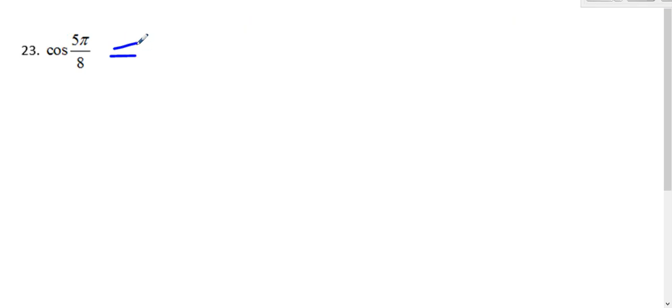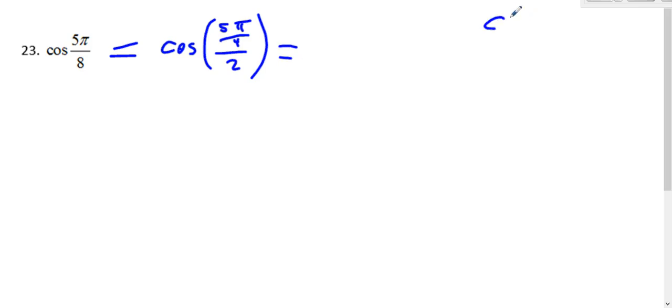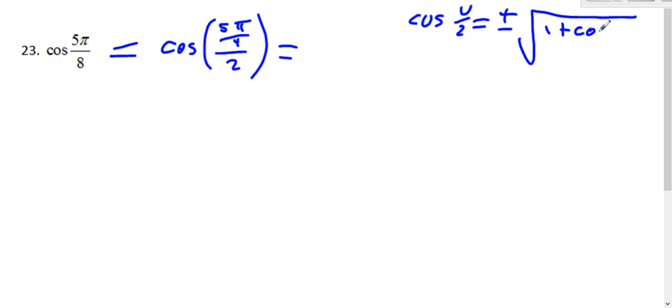Here we'll use the half angle formula again, because 5 pi over 8 is half of 5 pi over 4. So the half angle formula for cosine, cosine u over 2 equals plus or minus, again depending on the quadrant, the square root of 1 plus cosine u, all over 2.